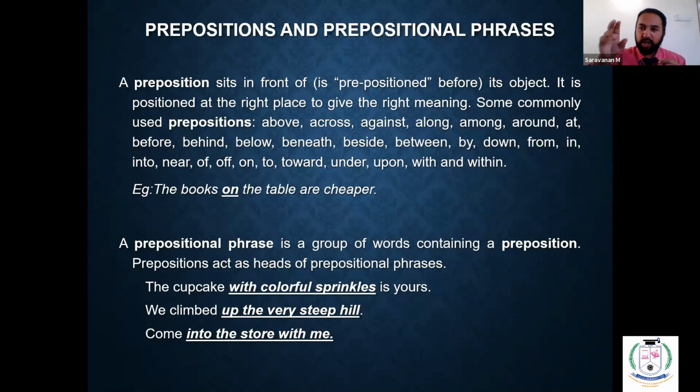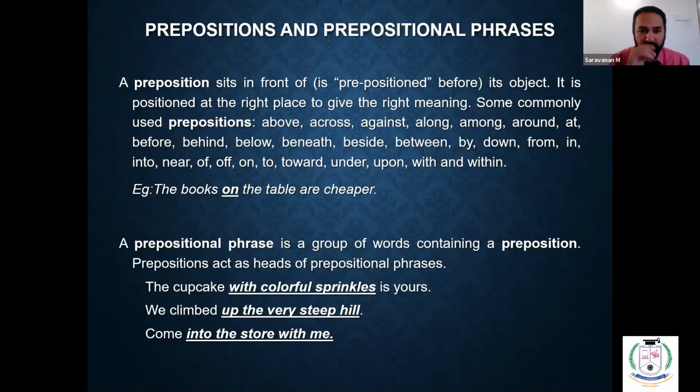So that particular word on makes the sentence complete. So that is preposition. Preposition positions the noun, the subject, the object, as well as the verb. That is why it is called prepositioning the subject, the object, as well as the verb.